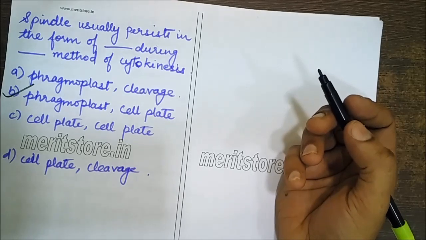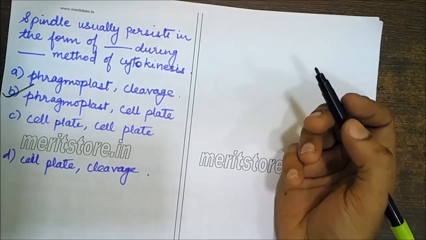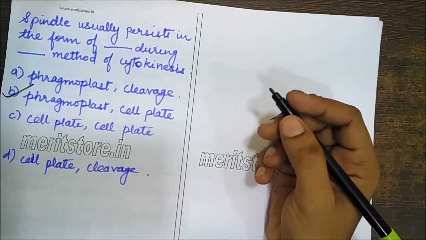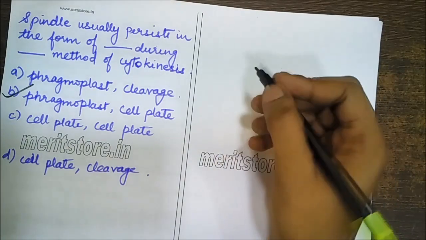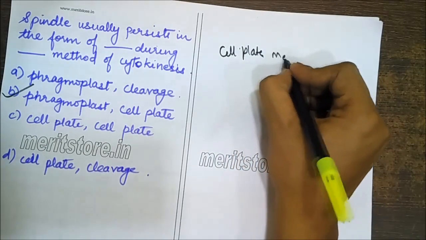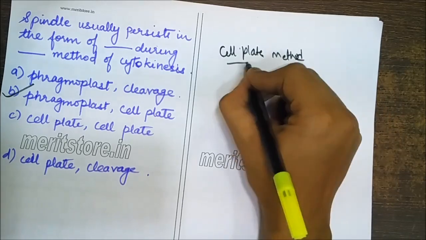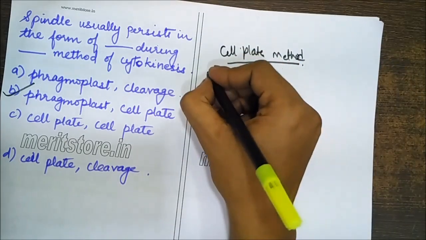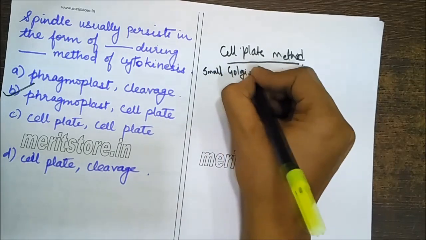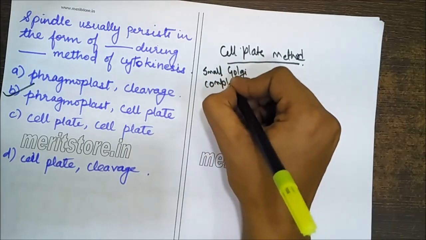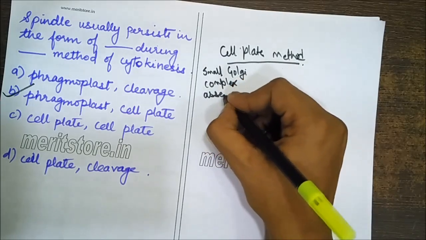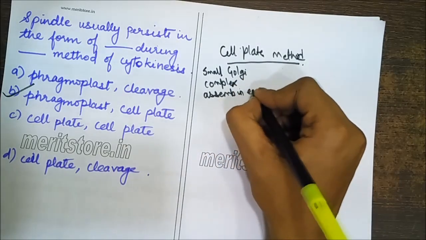All vesicles fuse to form short and enclosed matrix. Then the cell plate or the middle lamella is formed. So see, what happens is, in cell plate method, first small Golgi complex vesicles will assemble in the equator.